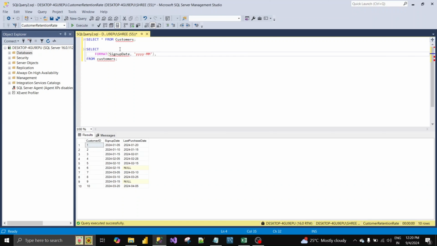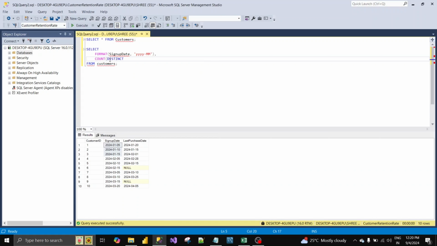Then we need to calculate the count of distinct customers who have registered in the month and have purchased within the same month. So we need to calculate the customers who signed up and purchased within the same month. That count we need to take. So here I will take the count distinct.